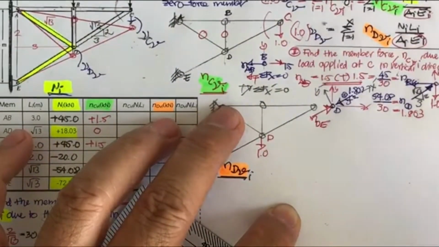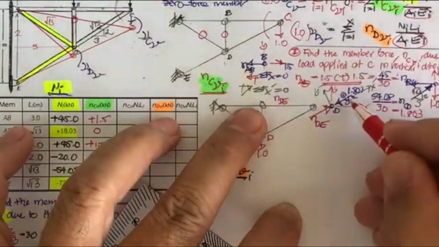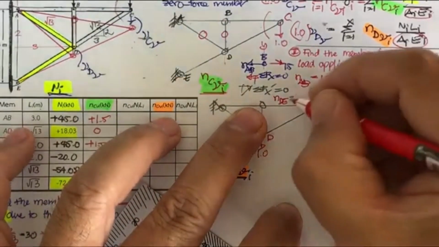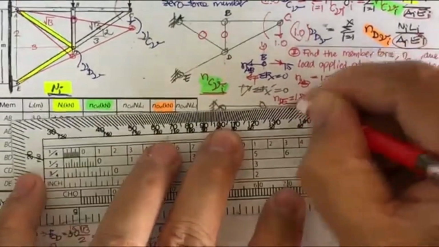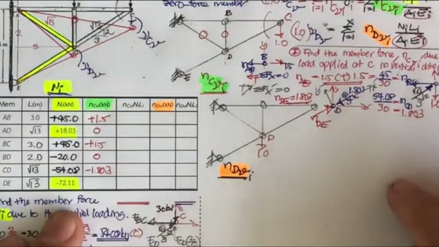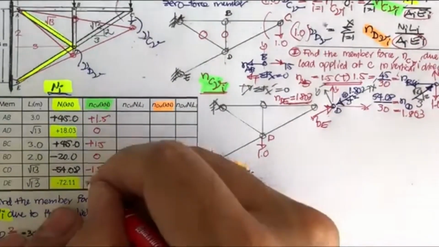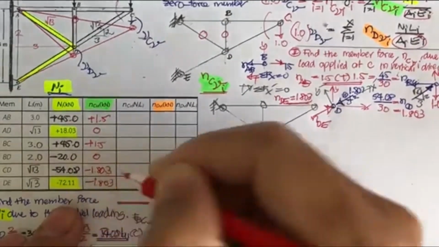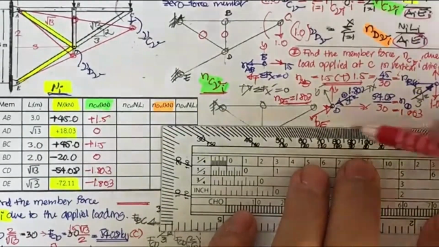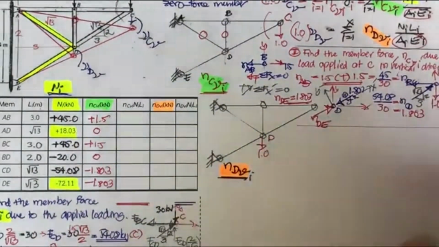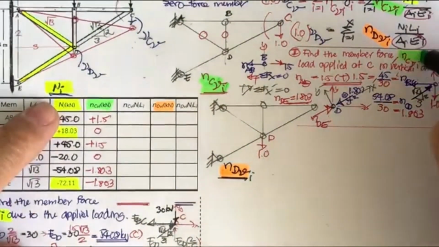So you may get N sub DE equal to 1.803, and it's going to be in compression. That means you're going to push this one up. It's going to be minus 1.803. Okay, now you are finished determining the N sub CV for this.